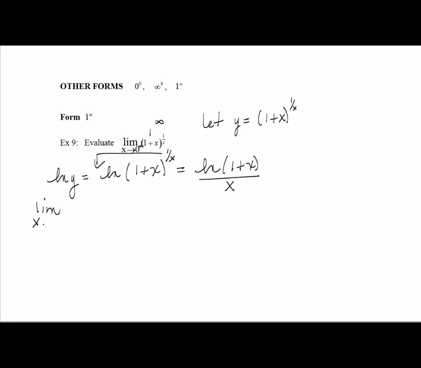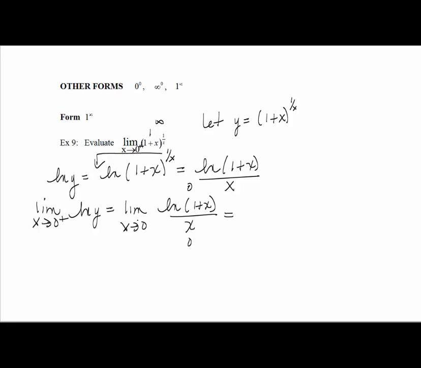So we're going to take the limit as x approaches 0 of the natural log of y. Well, we just said y was equal to (1 plus x) to the 1 over x, so we're really taking the limit as x approaches 0 of the natural log of 1 plus x over x. We now are in the form of 0 over 0, so we're allowed to use L'Hopital's rule.